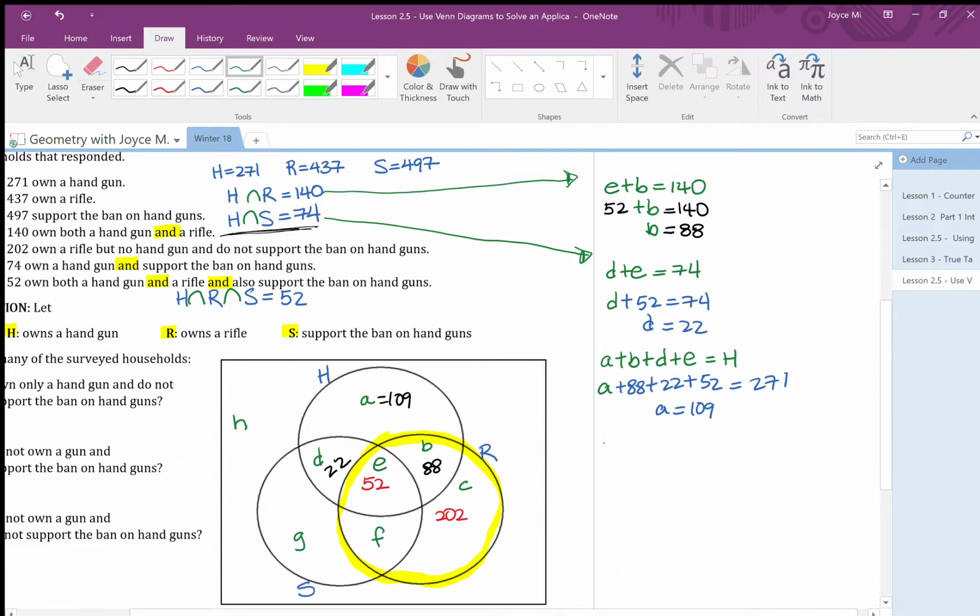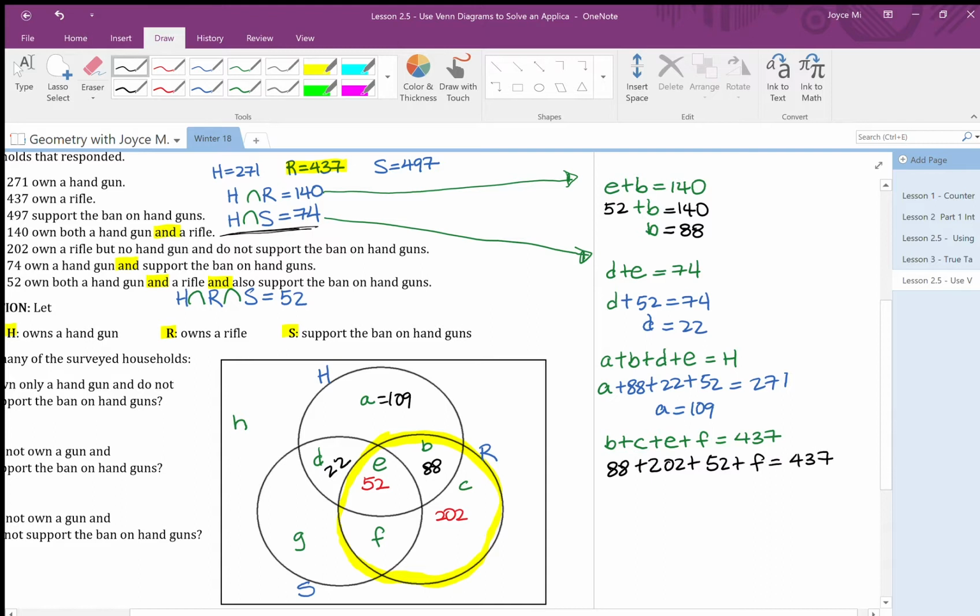So I have B plus C plus E plus F is going to give me R total. R total is 437, okay, which is from here. Now let's just plug in and solve again. So I add them all up and subtract. So B is 88, plus 202 plus 52 plus F is going to give me 437.